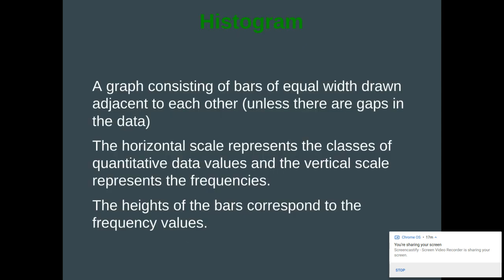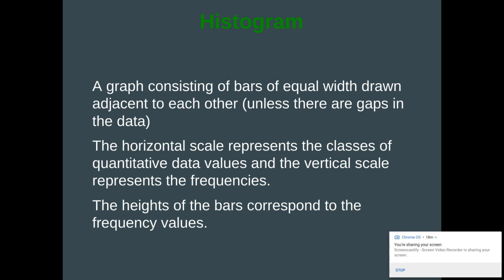Histograms. Histograms are another way to represent data. Again, this is very similar to a frequency table. We will typically create a frequency table and then create the subsequent histogram based off of that because it makes it really easy. Okay. A histogram is equal width bars that are adjacent to each other, side by side.